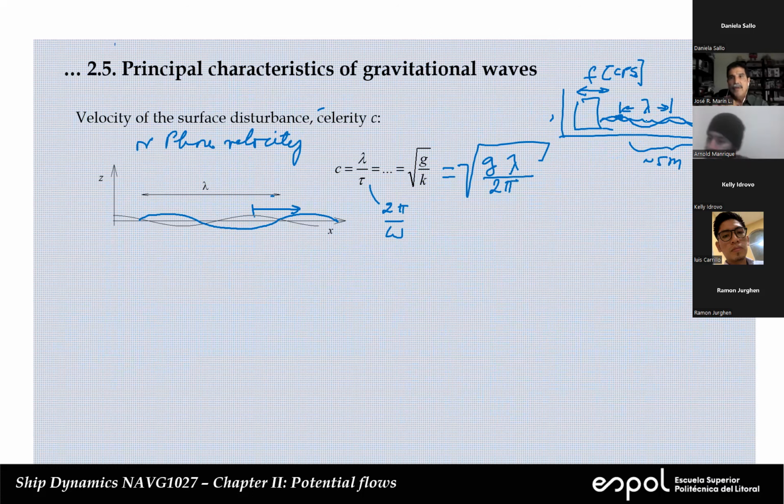With the photograph, you will have lambda. The motion of the pistons, we will know how much it is. So we know F, we can measure lambda, and we can measure the time that the wave takes to advance a certain distance. So we have the celerity. So we will be able to check the wave dispersion relation and also the celerity expression.